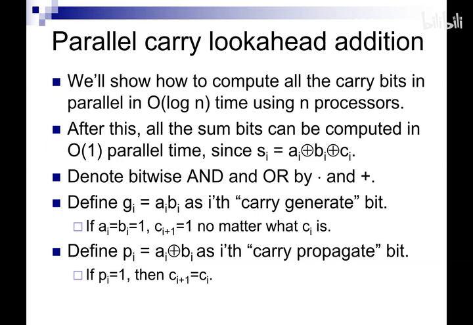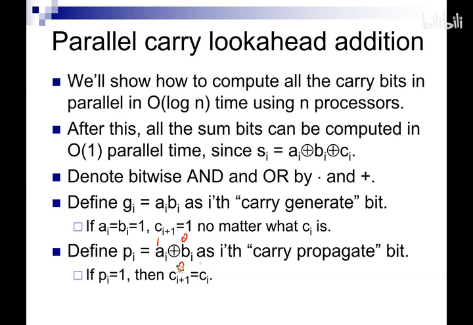In the first case, if it's 1 0, then the next carry bit is equal to the current carry bit. Because if the current carry bit is 0, then we have 1 0 0, and so there's no carry on the next bit, so this is going to be 0.